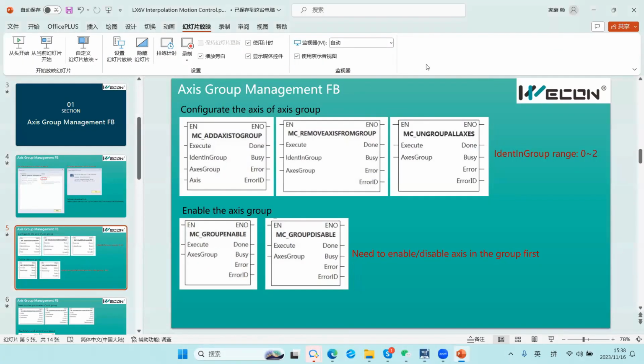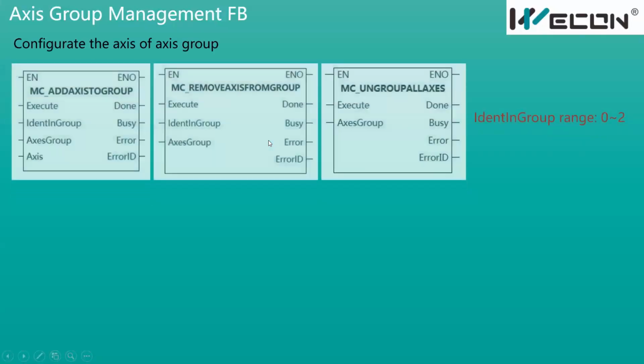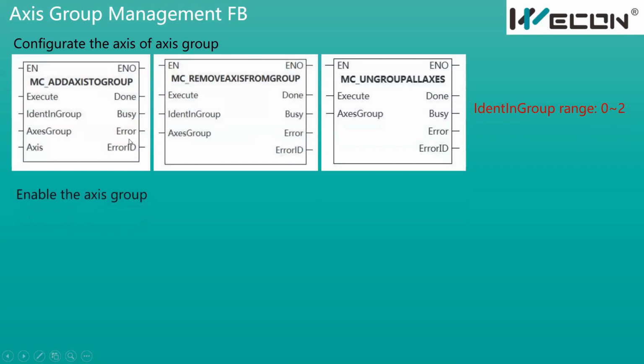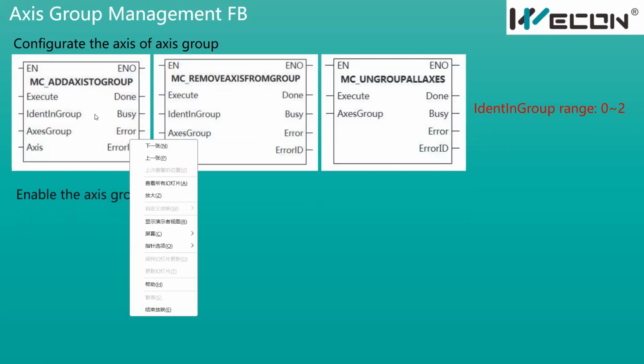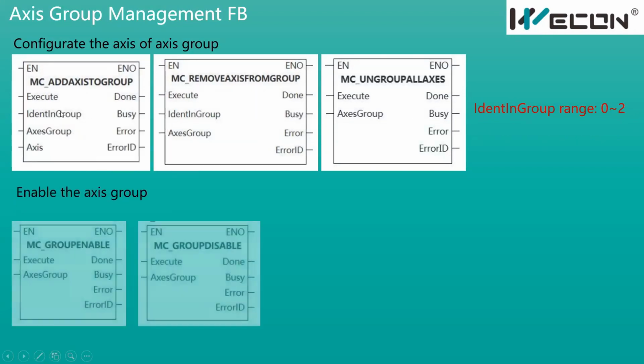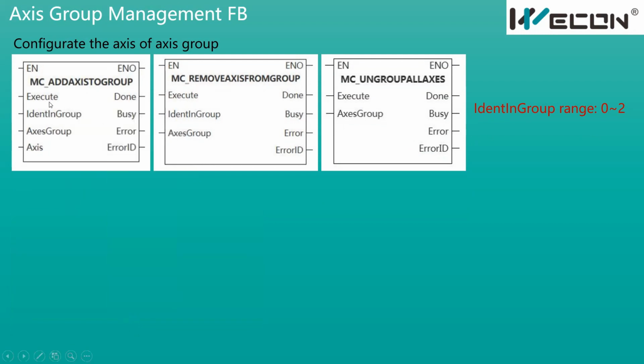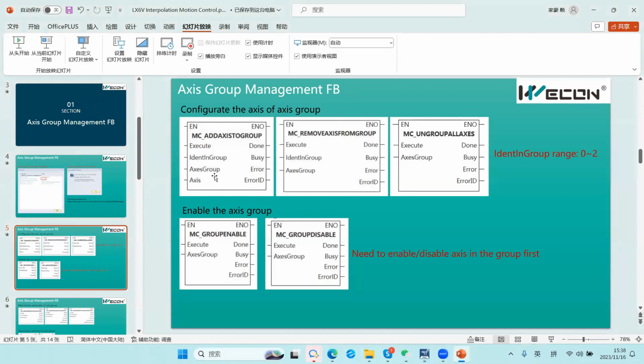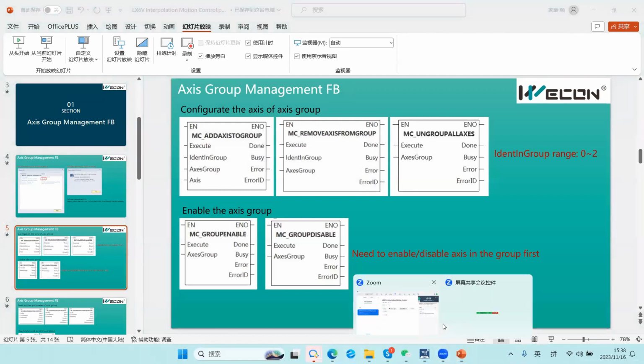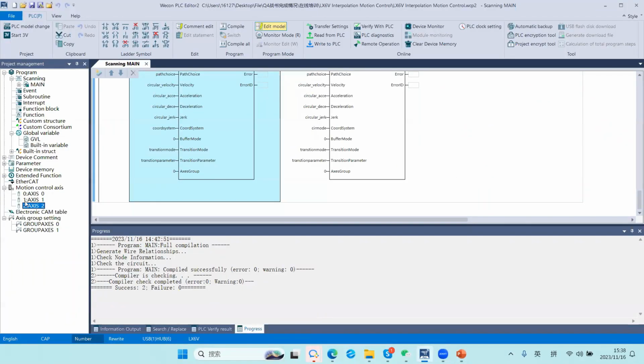Now return to here. So we could see for the input parameter, here we have axis group and the axis. This is the ID. We could check the ID here, 0, 1, 2, and 0, 1.